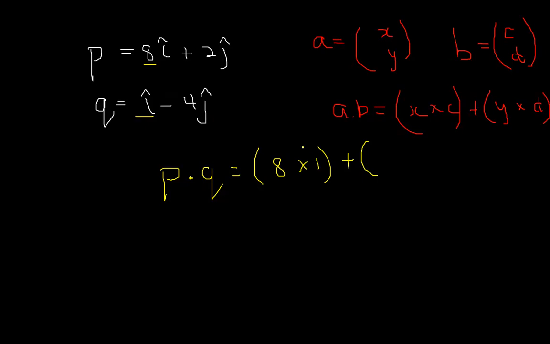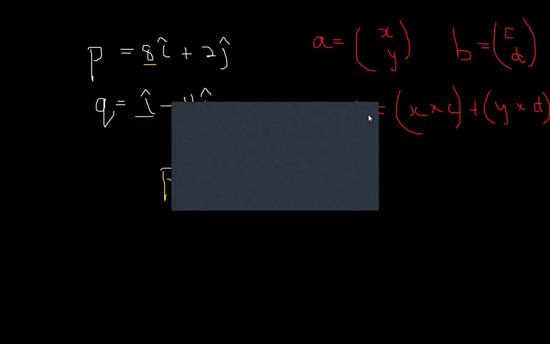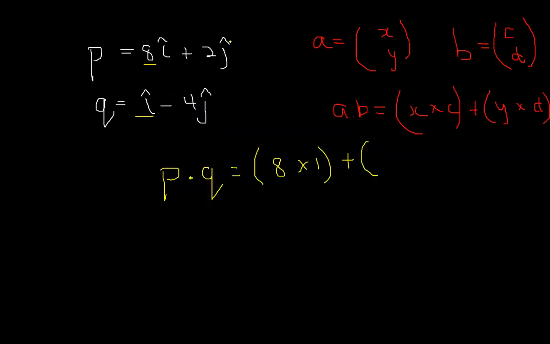Plus the product of the y components, the coefficients of the j hat symbol, so it would be 2 multiplied by minus 4. Please remember, you have to include the sign, because I've seen people too many times just put 2 multiplied by 4, but no, it's negative 4, right? And that's all you have to do to find the dot product.